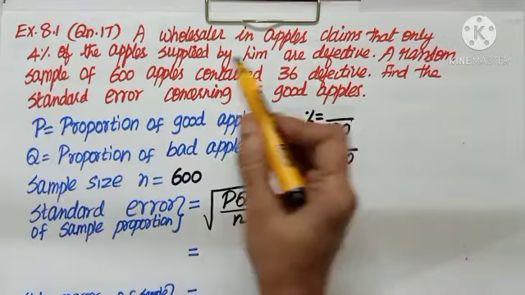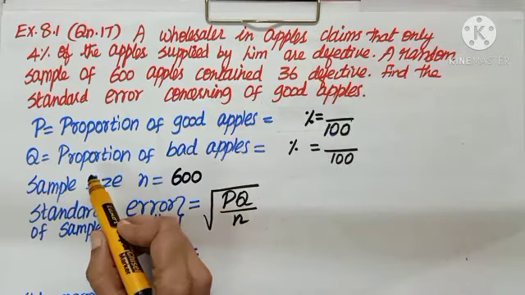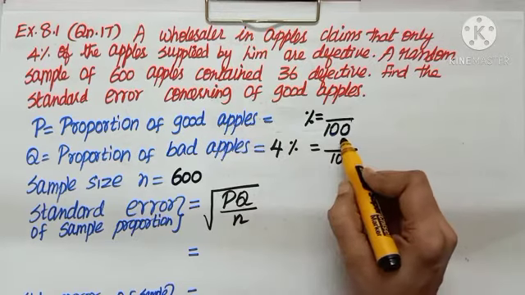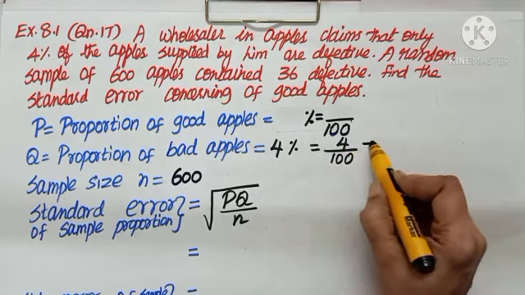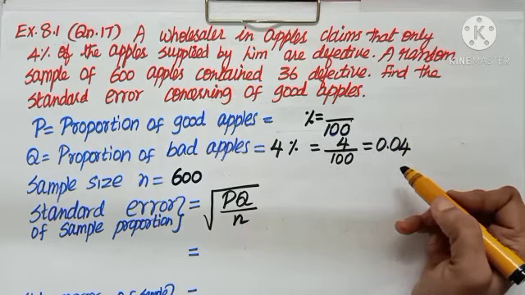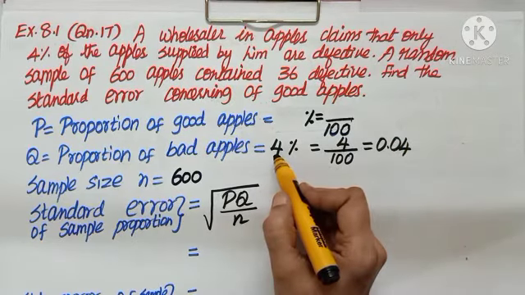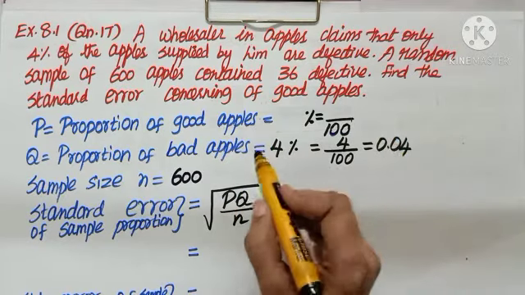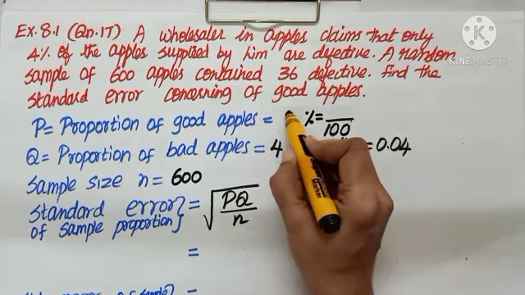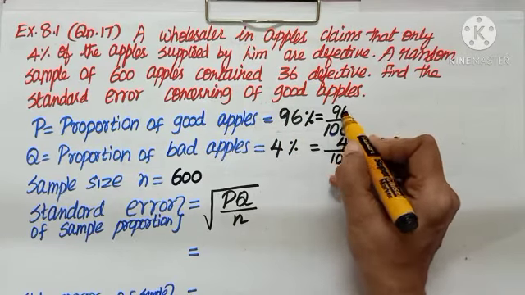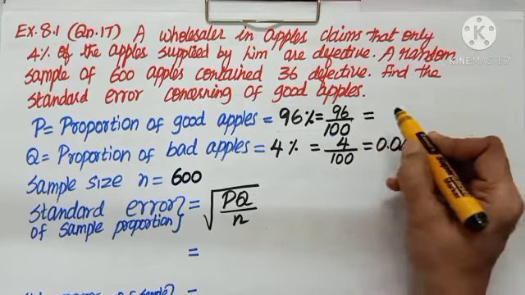Given 4% defective, the proportion of bad apples will be 4%, which I will write as 4 by 100, that is 0.04. If 4% are defective, how much will be of good quality? The remaining 100 minus 4, 96% will be good, or I will write 96 by 100, which is nothing but 0.96.